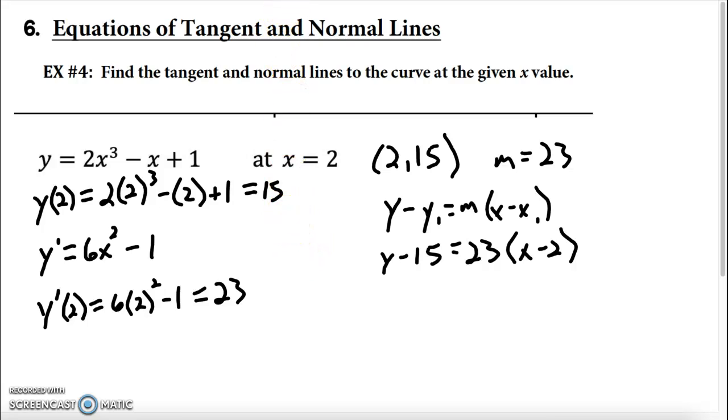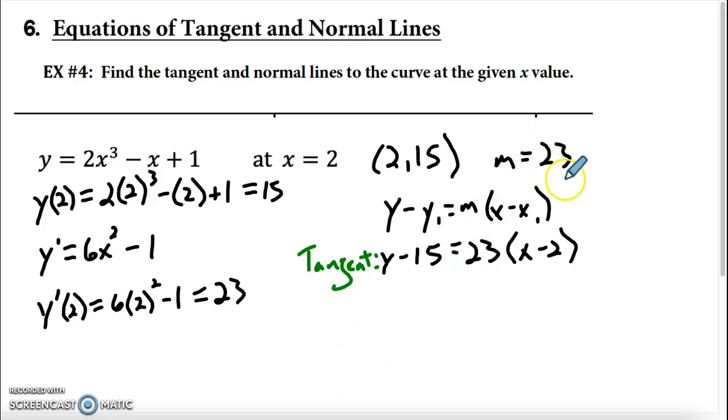Now we also want to write the normal line. So let's label this as the tangent line. For the normal line, all I'm going to do is take the perpendicular slope.